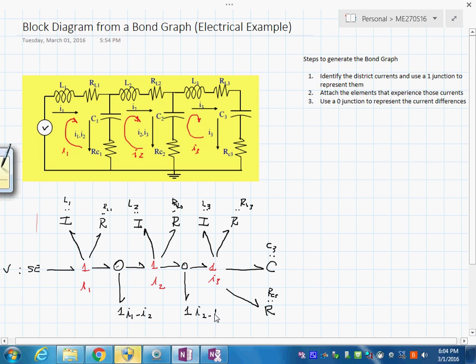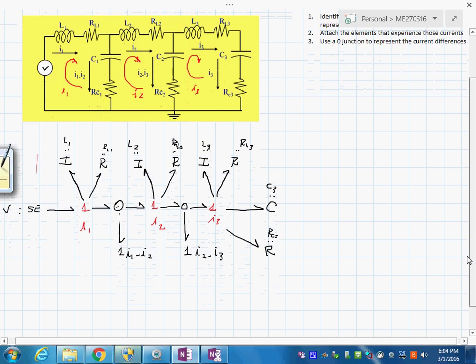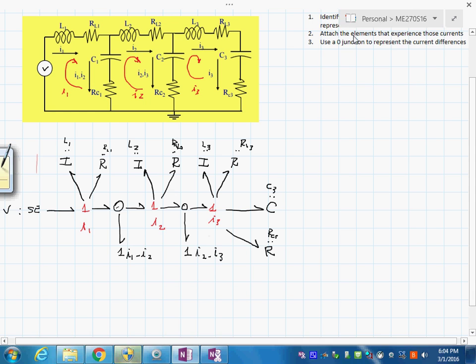Now what we are going to do is step number 4: attach the elements that experience those current differences.